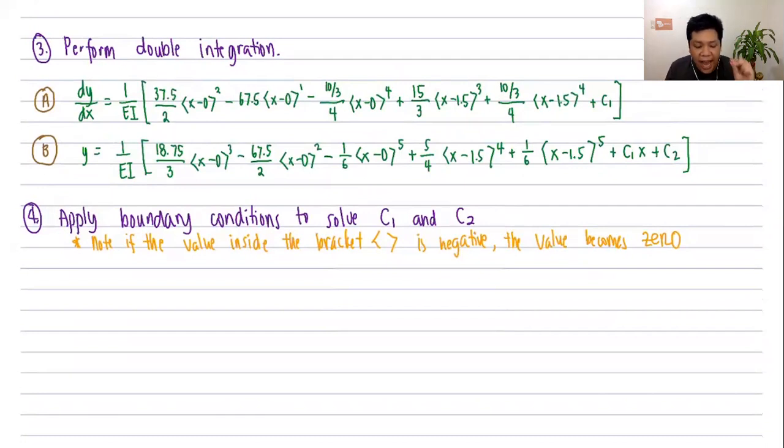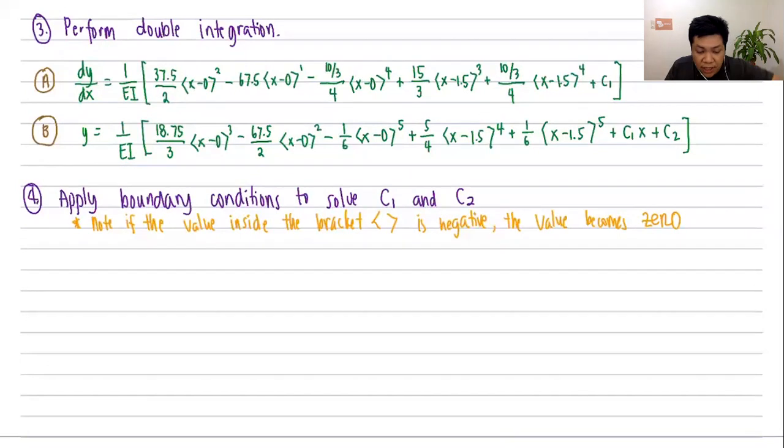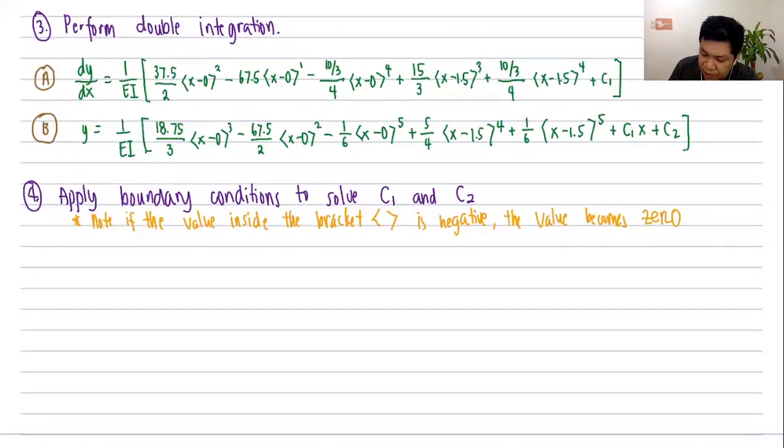So I have a fixed support. Therefore, what are my boundary conditions? Since that's a fixed support, I can say that dy over dx is equal to 0. The slope is equal to 0.